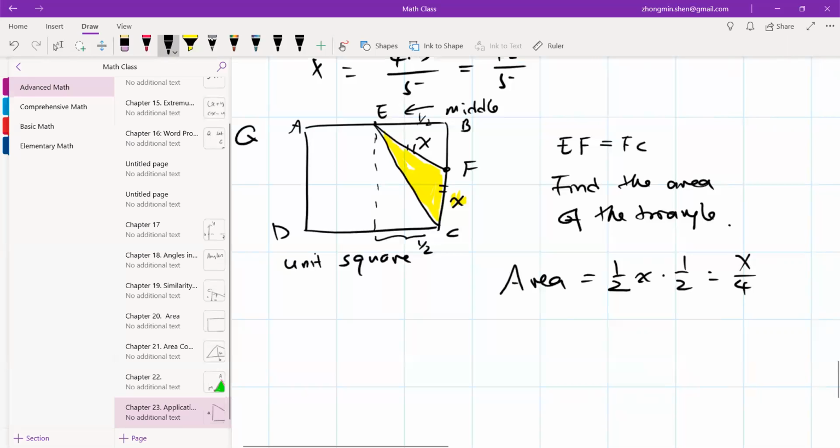The key point is, step 1, draw additional lines if possible, but there's no additional line you can draw. I only draw the one vertical line. Second step is to find the right triangle. You probably can apply the Pythagorean theorem there. When you find the right triangle, express each side in terms of x.